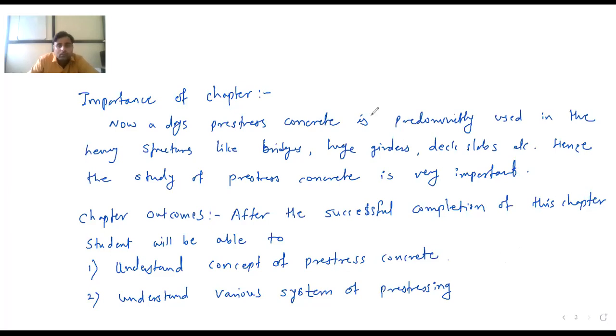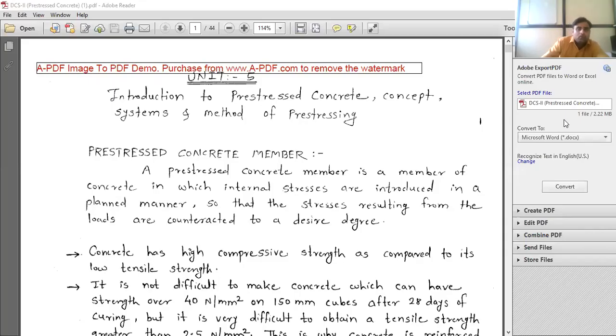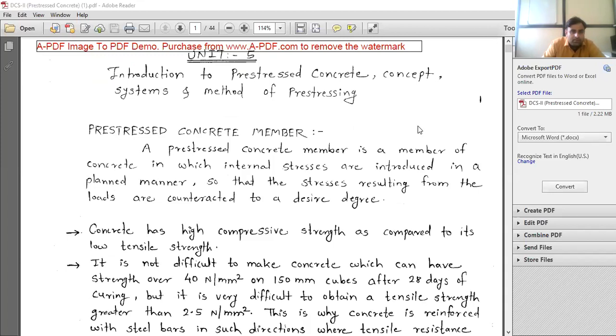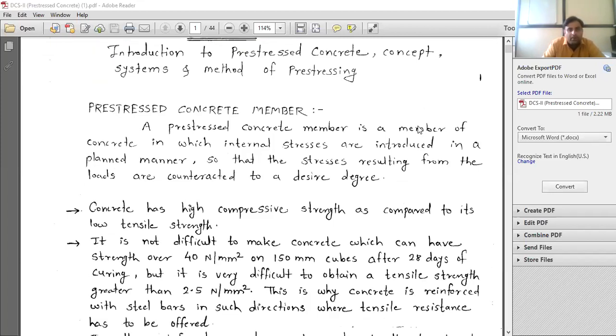So now we will move to these notes. This is the introduction to prestressed concrete: concepts, systems, and methods of pre-stressing that we are going to see.